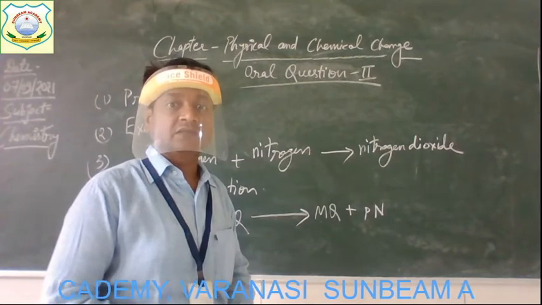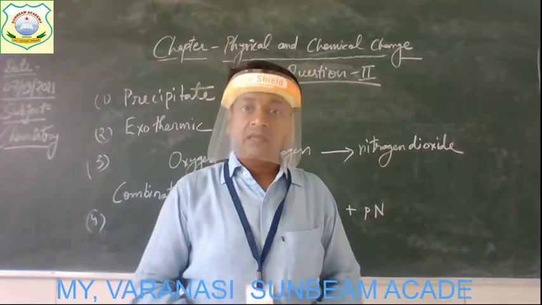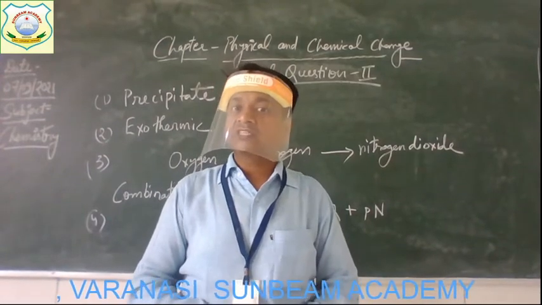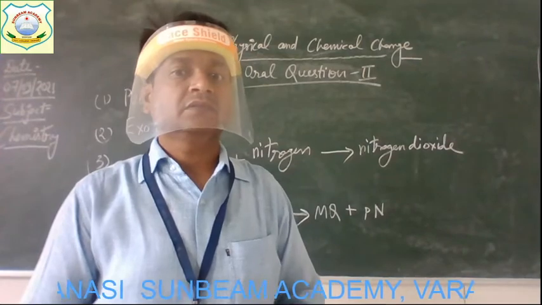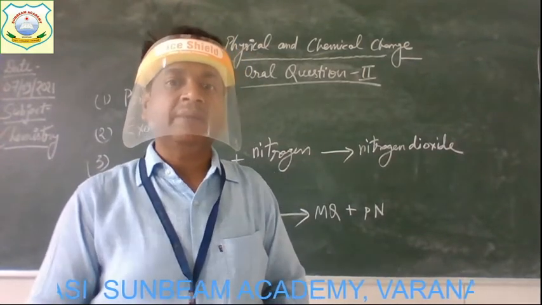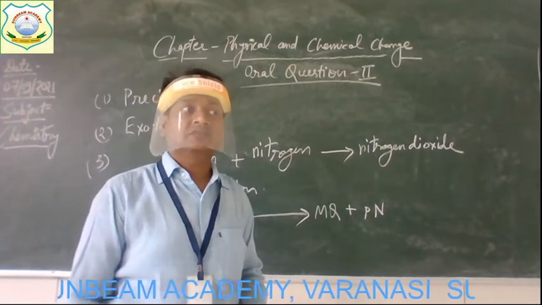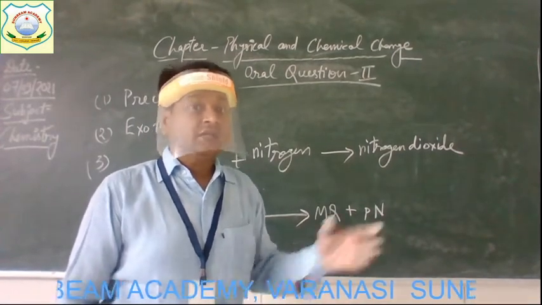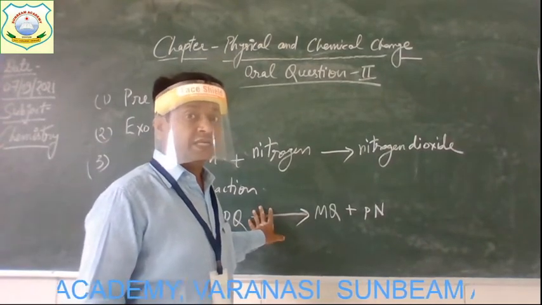Right? Which type of reaction is this? Yes. And in this reaction, what is formed? What is formed in double displacement reactions? Precipitate forms. Is it not? So, the characteristic of this reaction is formation of precipitate.